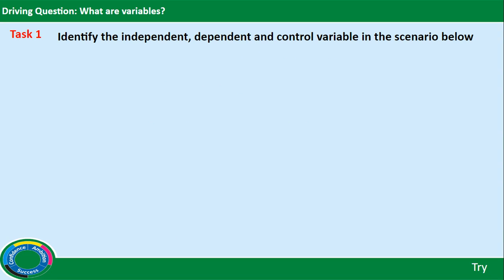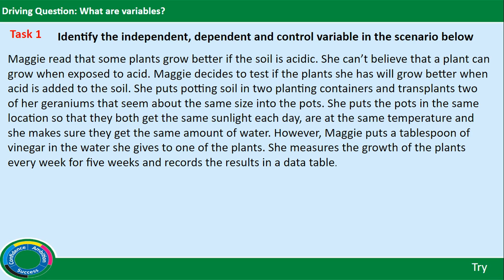Identify the independent, dependent, and control variables in the scenario below. Maggie read that some plants grow better if the soil is acidic. She can't believe that a plant can grow when exposed to acid. So she wanted to figure something out.